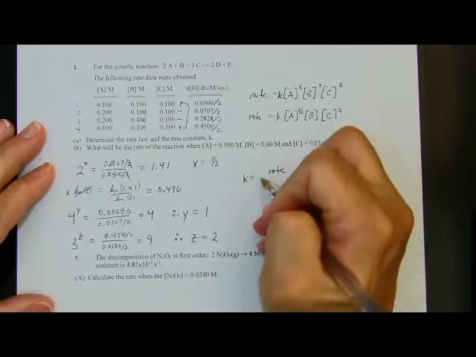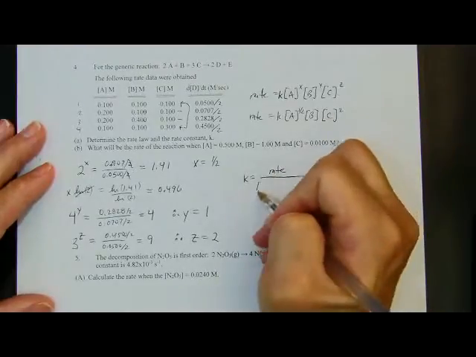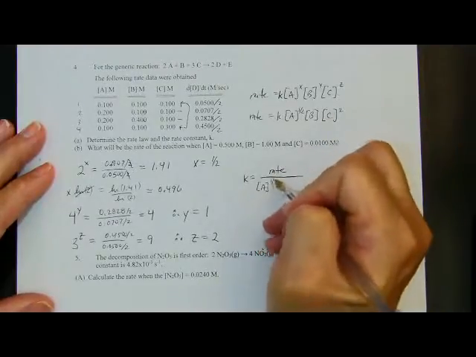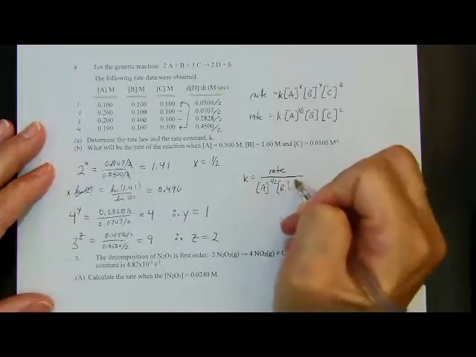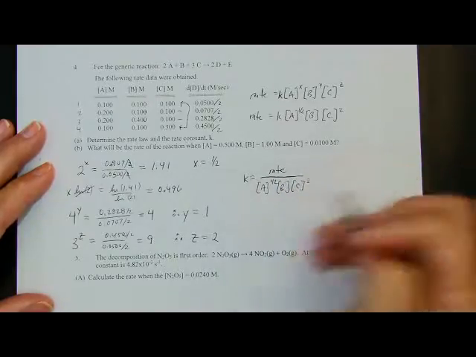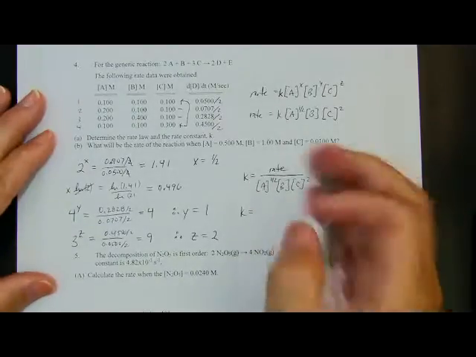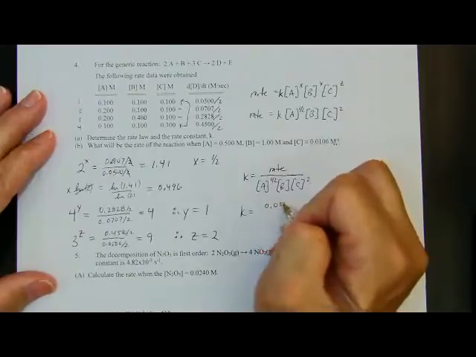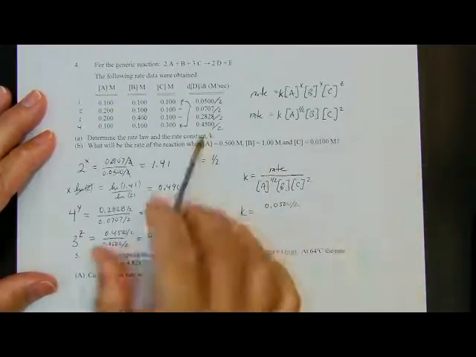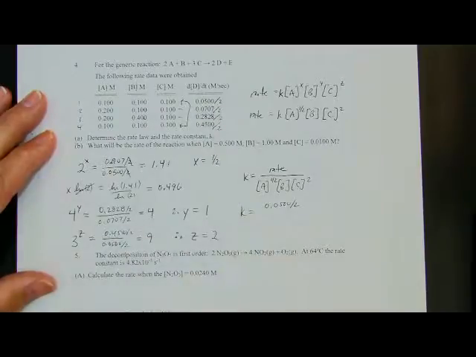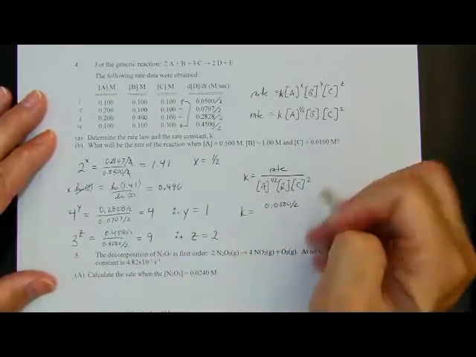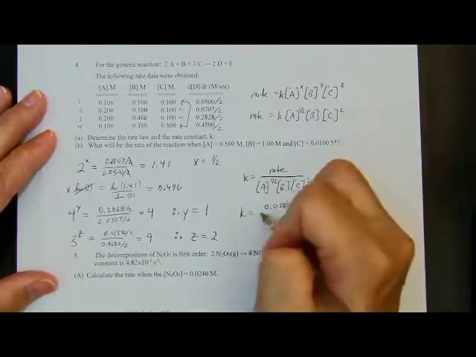It would be the rate divided by a to the 1/2 power, b to the first power, and c squared. So that's going to be equal to which rate? Doesn't matter. I'll just arbitrarily pick the first one. This is where it matters about the 2. If I don't put the 2 in there, then my k is going to be wrong. Right? So that's moles per liter per second.